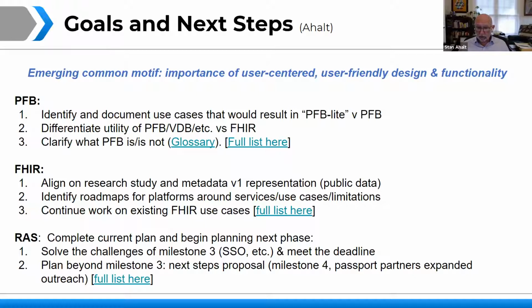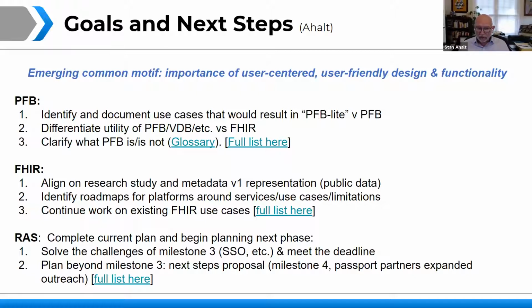And then obviously we need to continue work on the existing FHIR use cases, which, by the way, we need to document better, because now that Asiyah has done such a wonderful job of putting this up in GitHub, we have a much more organized way of talking about what NCPI as a group is doing.